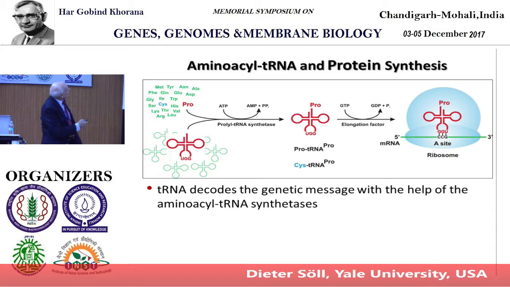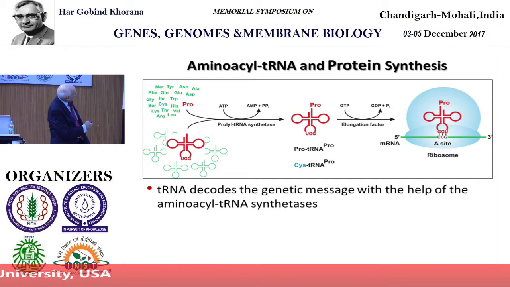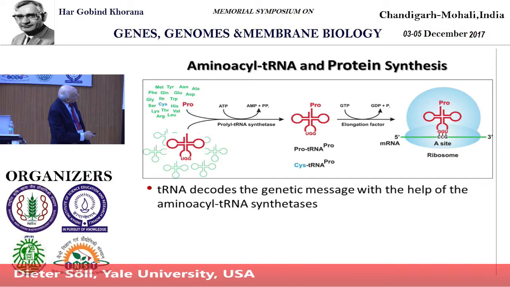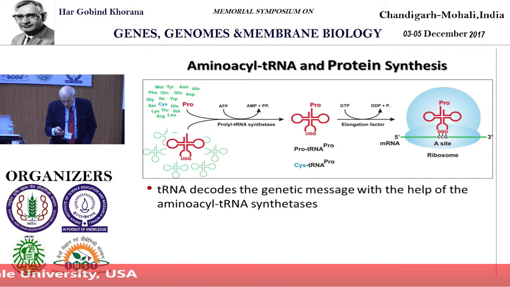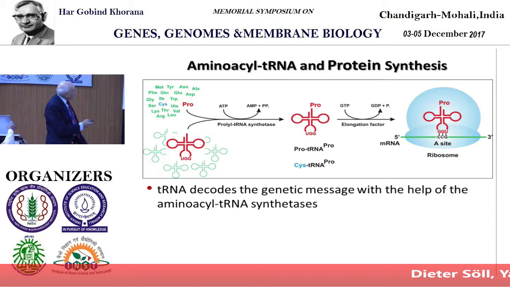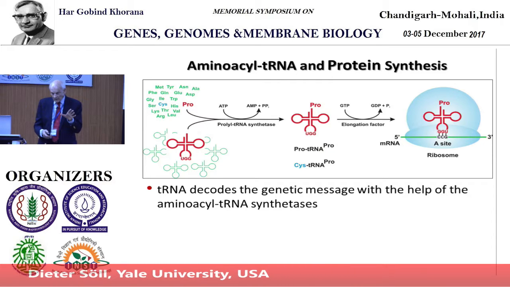And here, the amino acid tRNA synthetase, let's say prolyl tRNA synthetase, takes proline from the amino acid pool and pairs it with the tRNA with the anticodon for proline, prolyl tRNA, tRNA-Pro. This proline attached to tRNA, designated by the anticodon, will then be put in a ribosome and will put proline into a protein. So you know all this, but what I would like to state: the genetic code and transfer RNA evolved together.